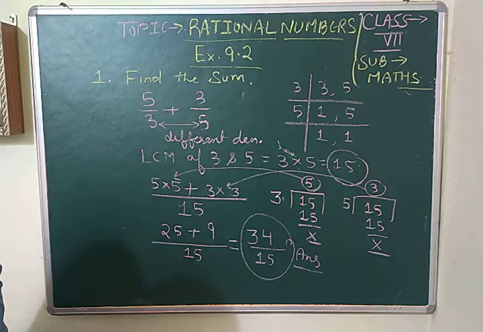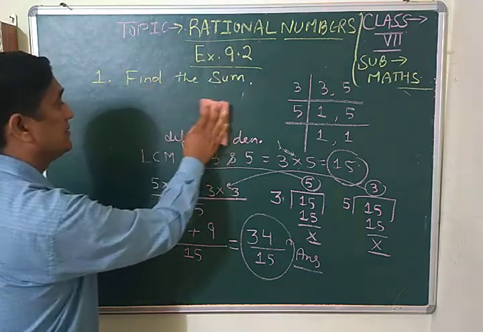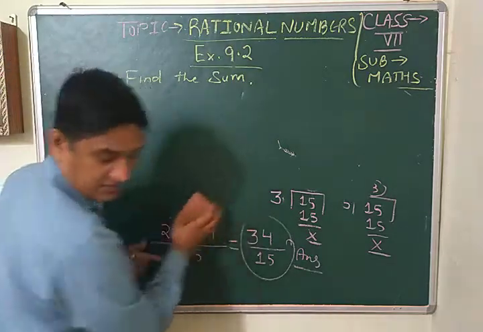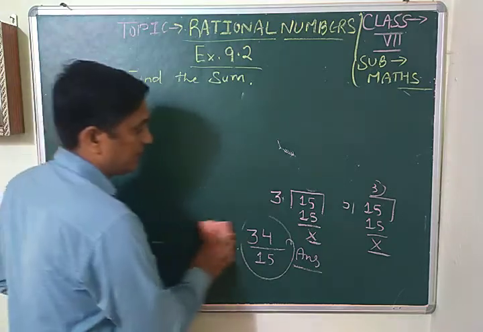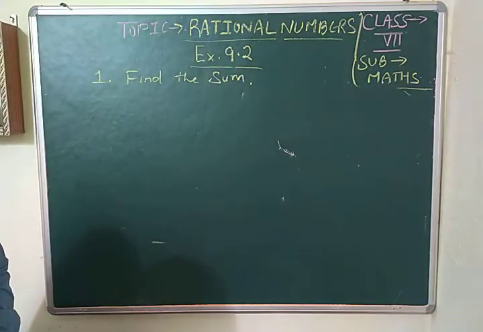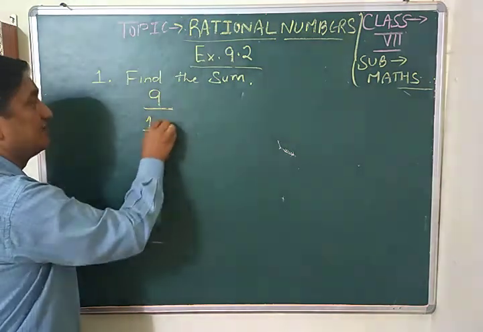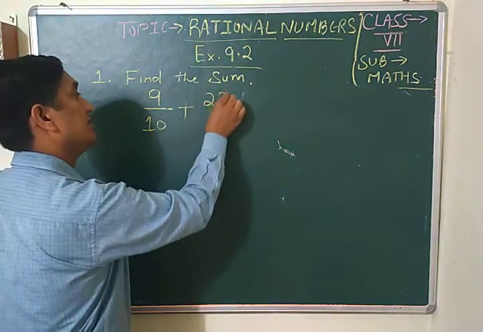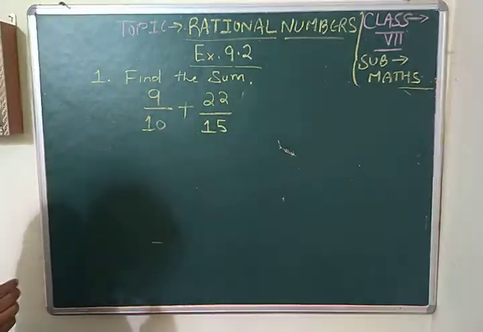Now the next part is the third part: 9 upon 10 plus 22 upon 50.